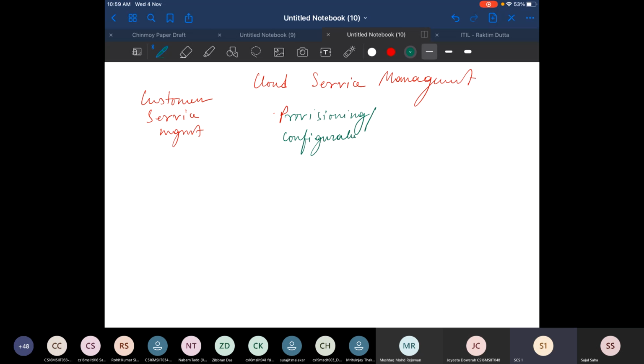Next is portability and interoperability. Great.